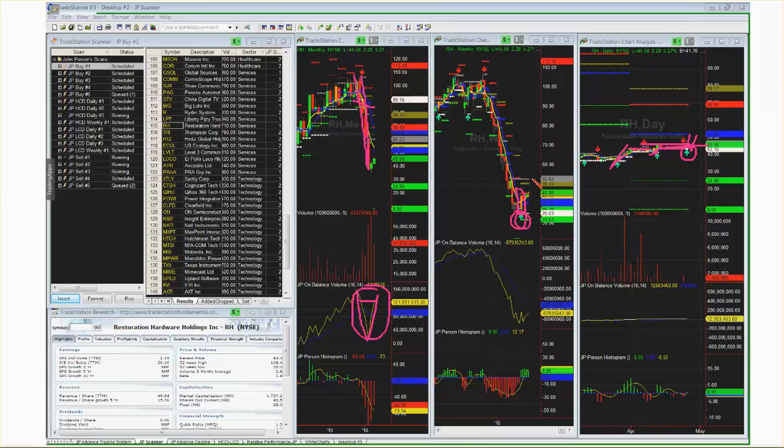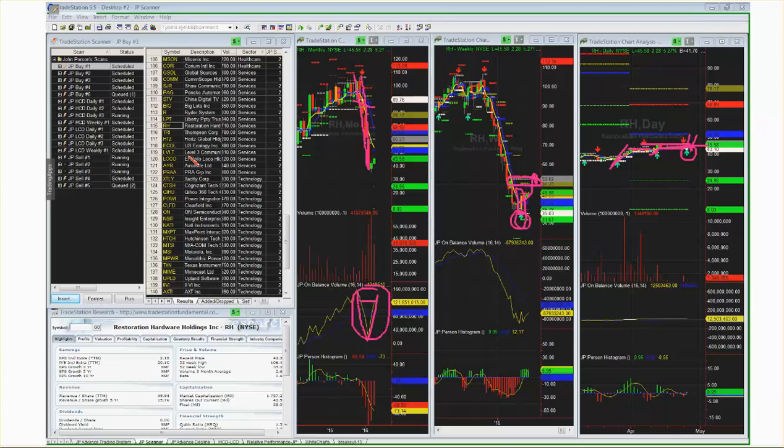We think the minimum objective over the next 4 weeks is 52. Now that's only a $7 move to the upside, but it's in the infancy stage, number one, and number two, it's in the right sector.